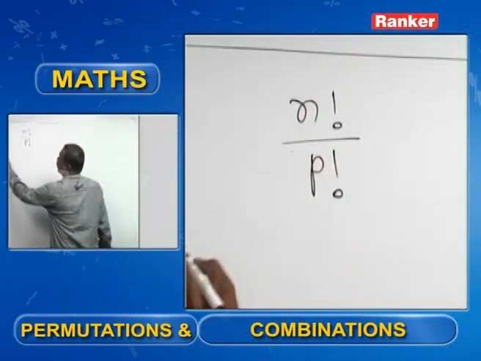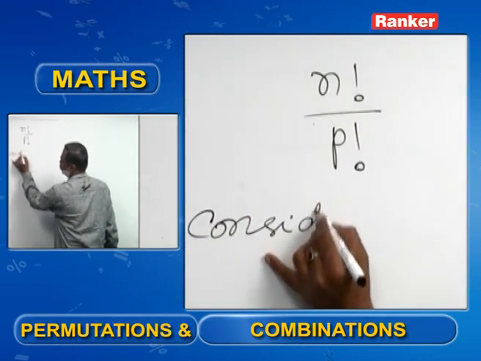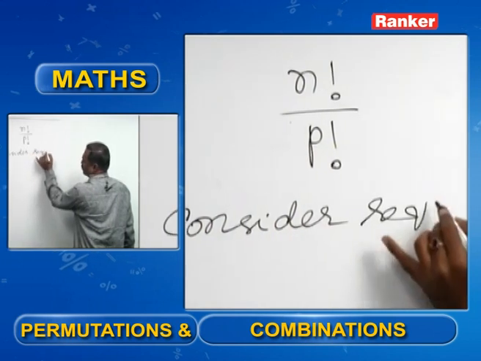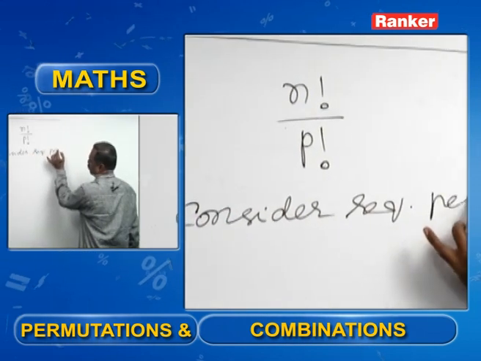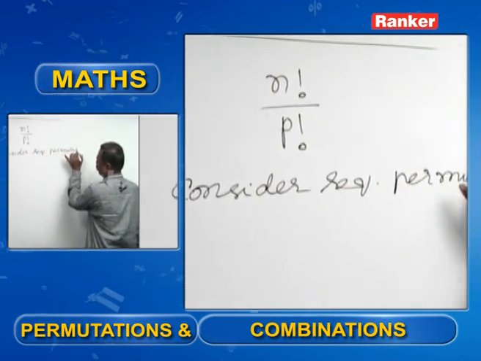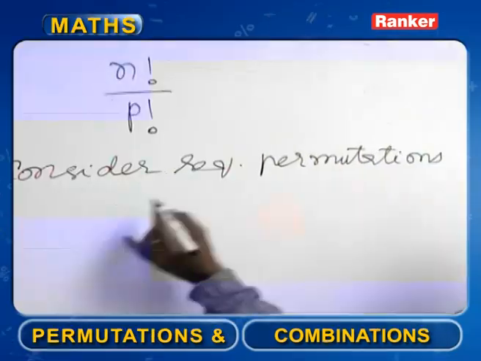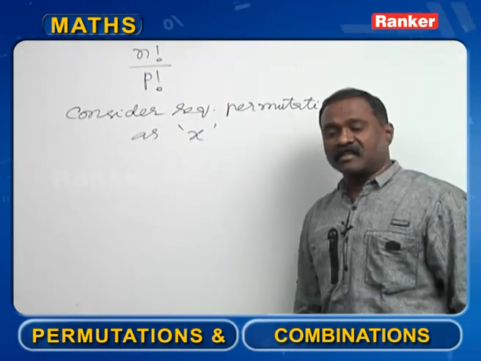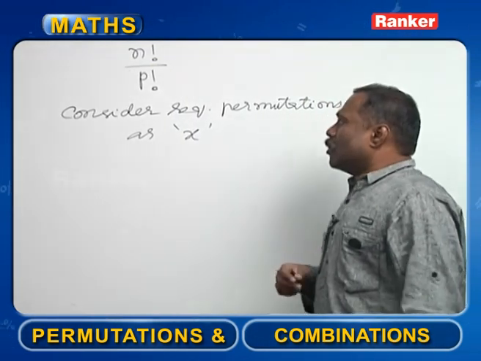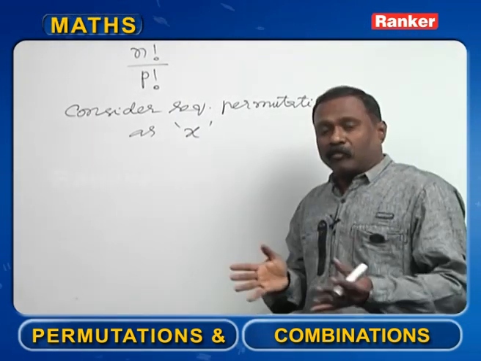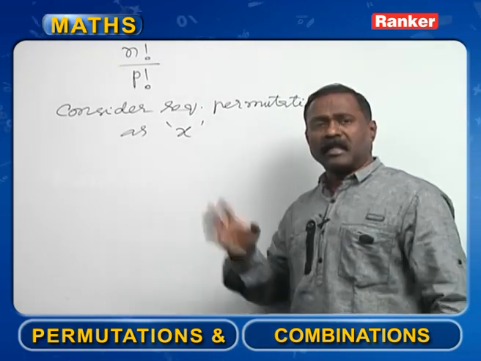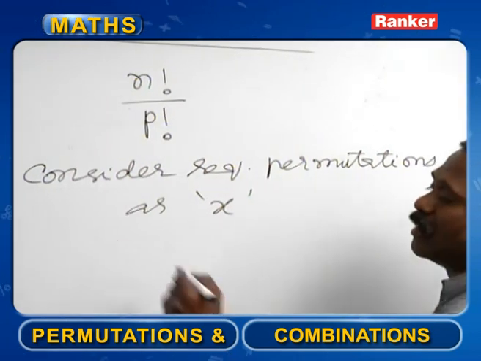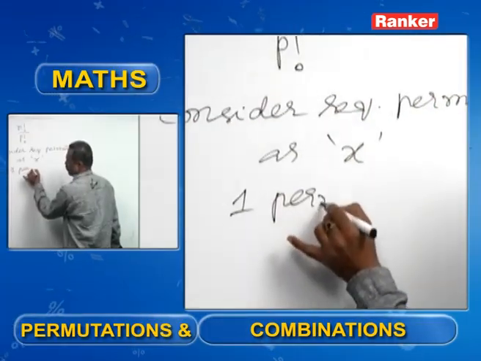Now consider the required number of permutations as x. What does it mean? The answer we must get is nothing but x. Then let me consider one permutation among them.